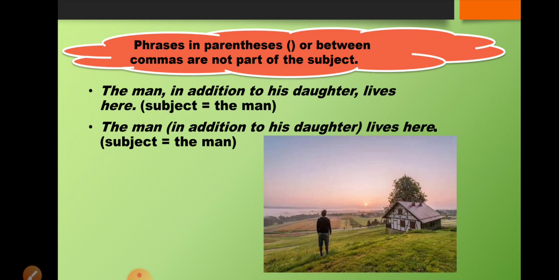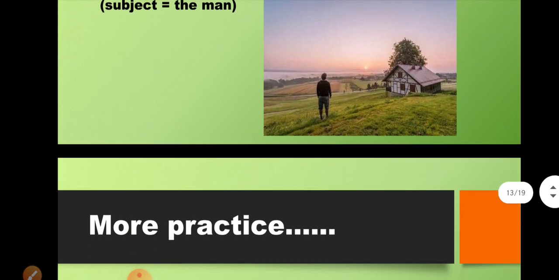The most common is: the king with all his ministers is coming. So ministers, then we simply have to think like the king is coming. Very simple. With all his ministers, or else along with all his ministers, or else the king as well as his daughters is coming. So that way.